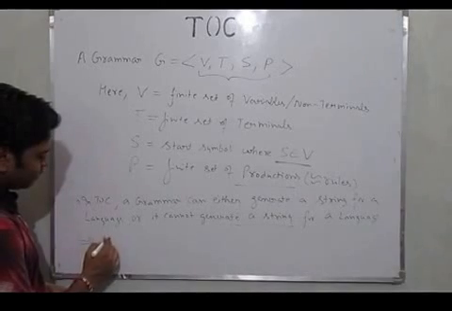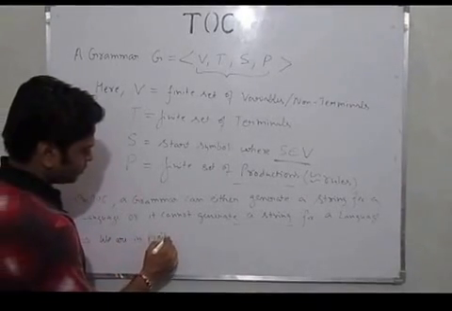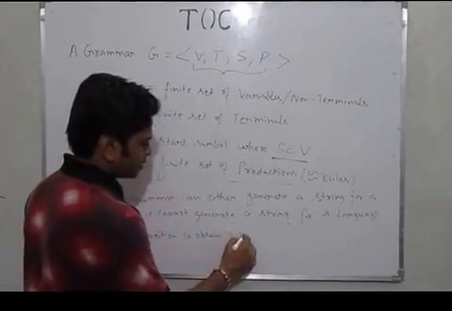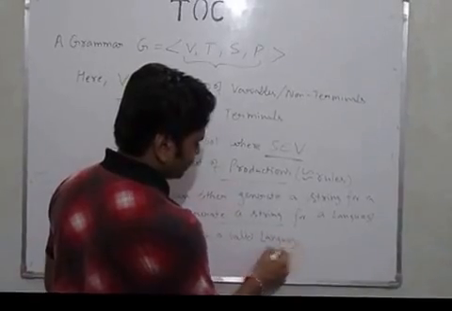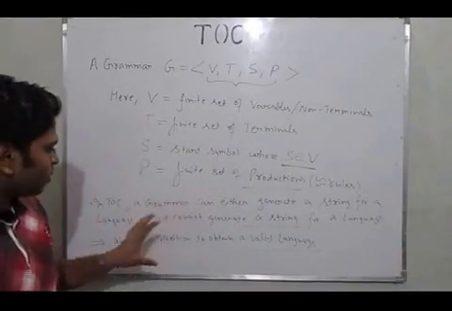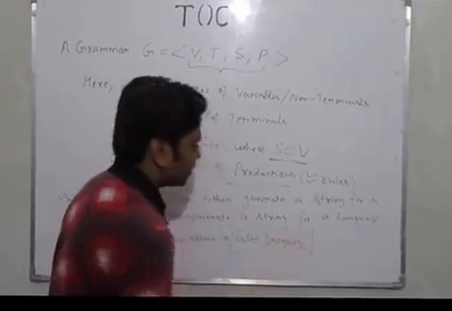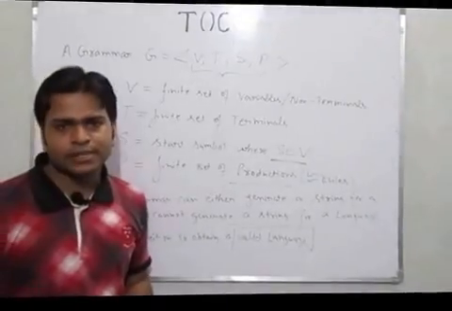So we have to remember this: whether a grammar generates a string or not, it always gives us a valid language. And how it becomes possible, let us check through certain examples.